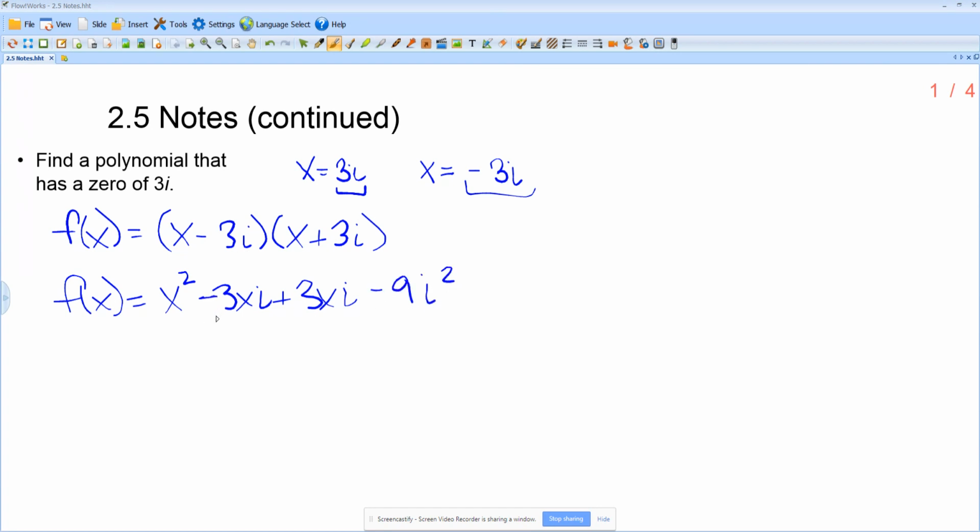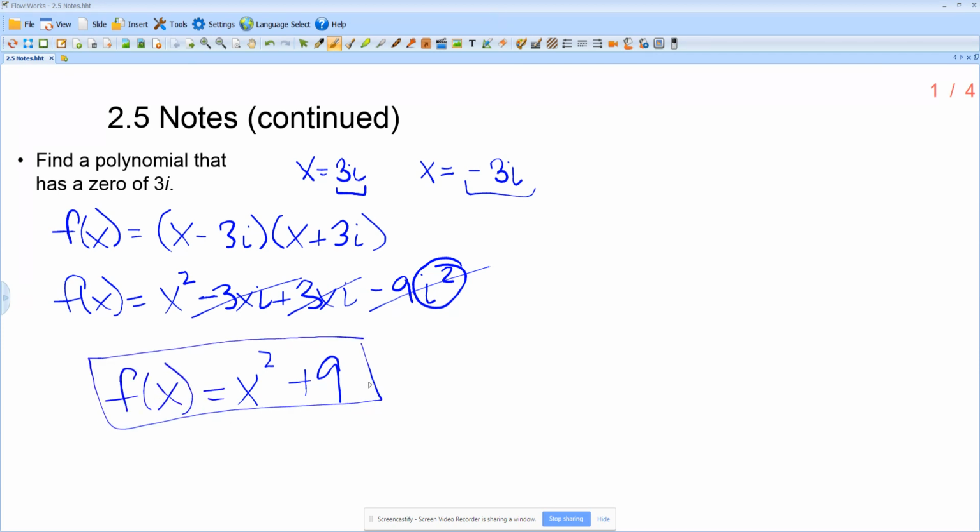So we can see right away the negative 3xi, positive 3xi cancels. My i squared, remember that in section 2.4, we said that i squared was really negative 1. So this just becomes a plus 9. We still have our x squared. So we get f of x is equal to x squared plus 9. There we've written a polynomial. It has two zeros, 3i and negative 3i.